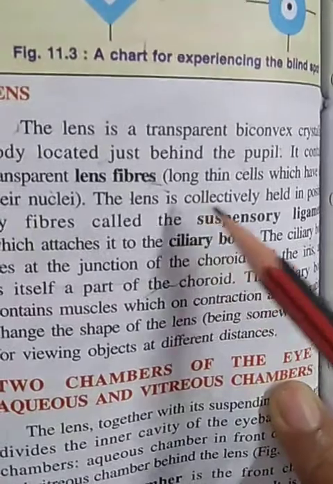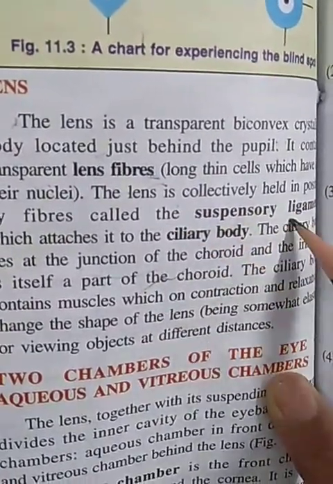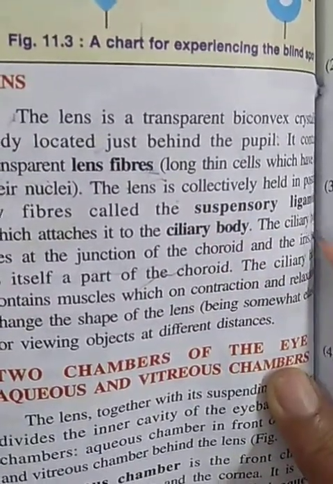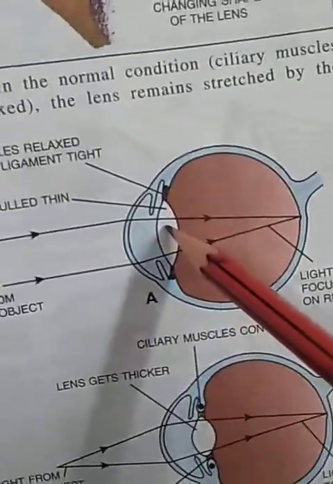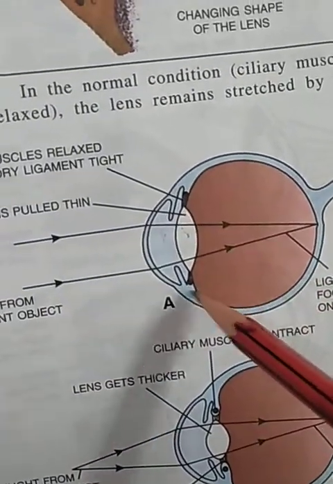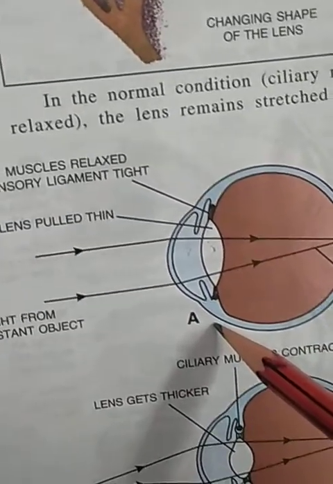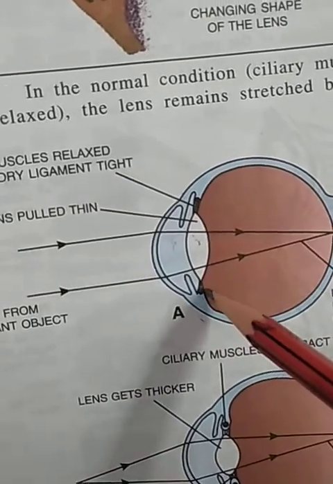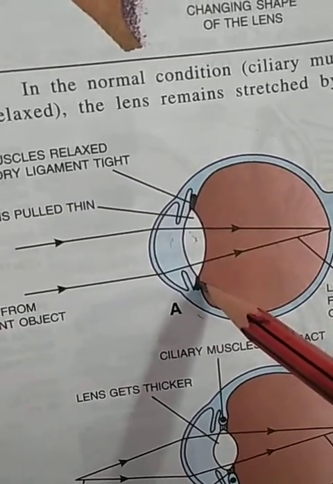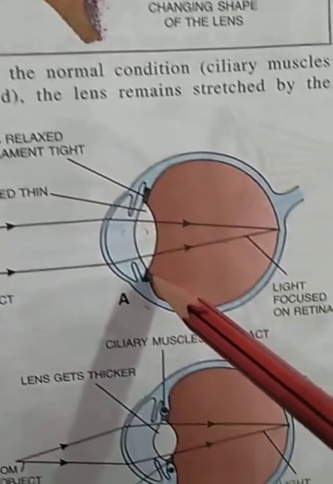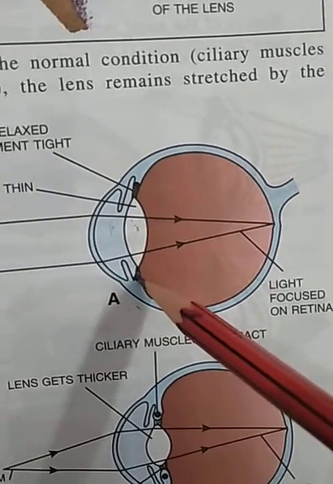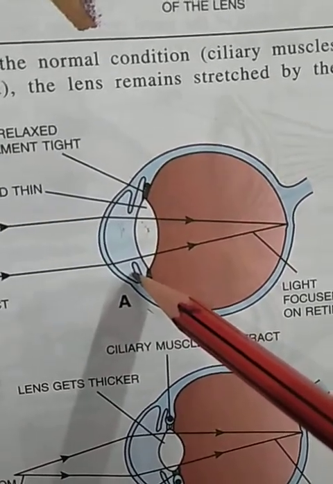And this lens is held in position with the help of suspensory ligaments. Here you can see students in this diagram that this is the lens, and it is held in position with the help of these two suspensory ligaments. And these suspensory ligaments are attached to this ciliary body. The ciliary body lies at the junction of the choroid and iris.